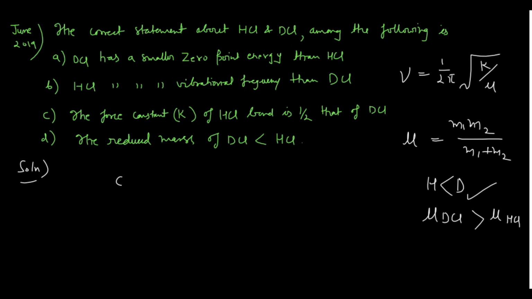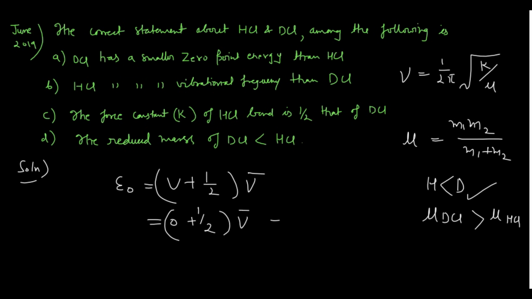Zero point energy is E0 equals v plus half times nu bar, where v is 0, so it is one by two times nu bar, that is half of nu bar. This is the zero point energy.